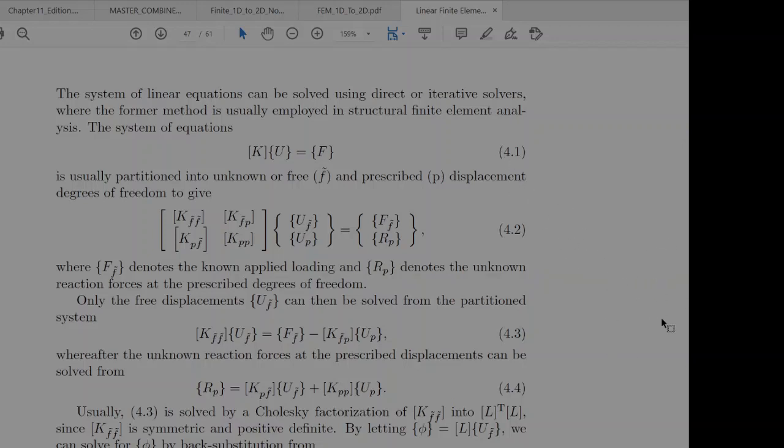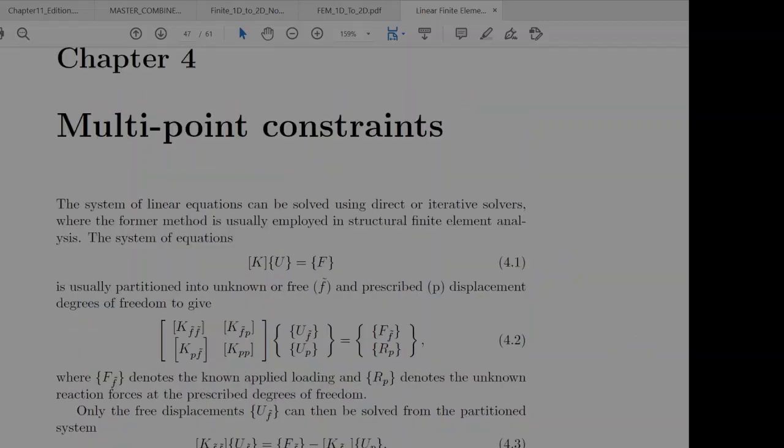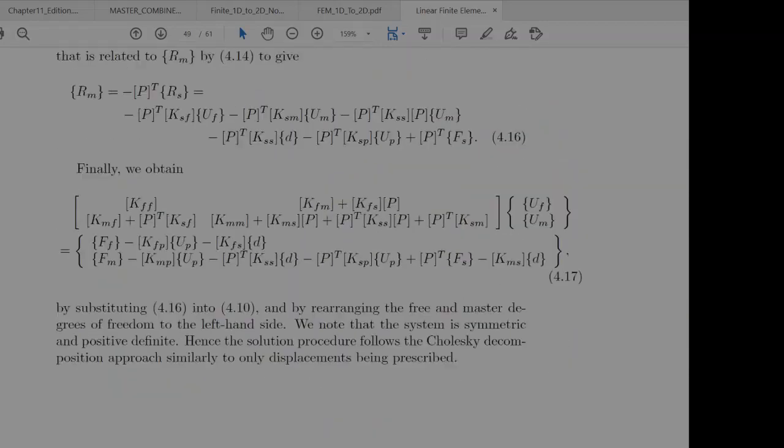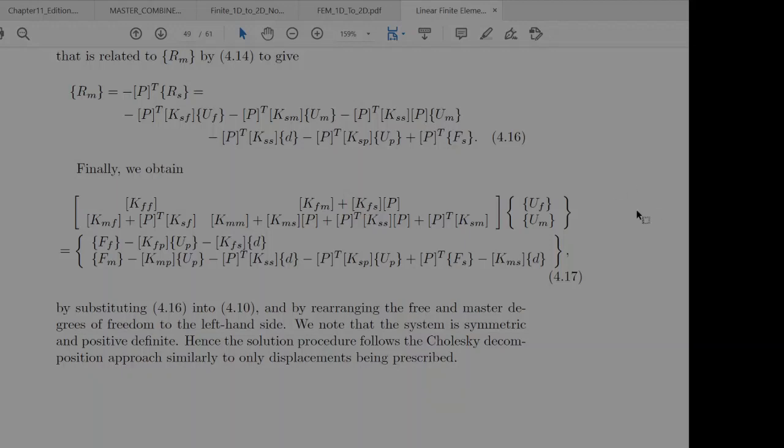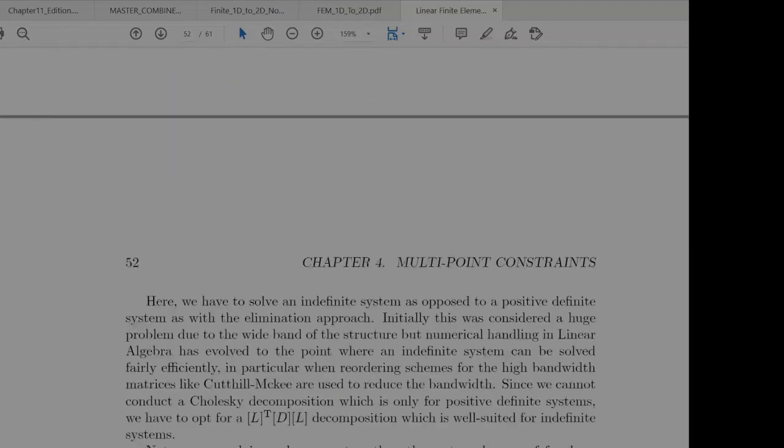MPCs are a way for you to model linear constraints, like rollers that are at angles, and they enforce specific relationships between points. If you want to go down this roller, the x and y displacement that you can handle along that edge has a very specific relationship. MPCs are the way for you to actually model that.